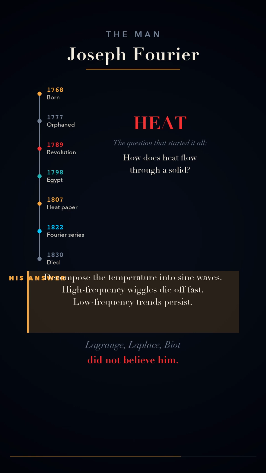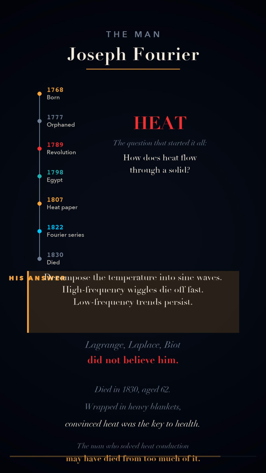It took decades for the mathematical community to accept that Fourier was right. He did not live to see the vindication. He died in 1830, at 62, apparently from a combination of heart disease and an obsessive habit of wrapping himself in heavy blankets, convinced that heat was the foundation of all health. The man who solved heat conduction may have died from too much of it.